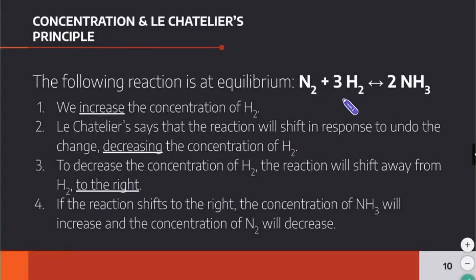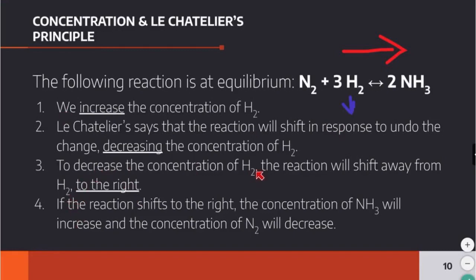I usually like to draw a little arrow down here to remind myself it's going to decrease the concentration of H2 in response. If it wants to decrease the concentration of H2, the reaction has to shift away from the H2, so it's going to shift to the right. That's our second step.